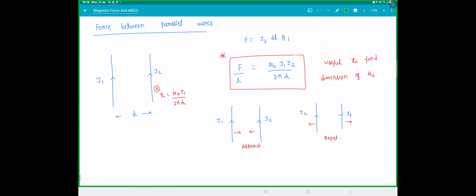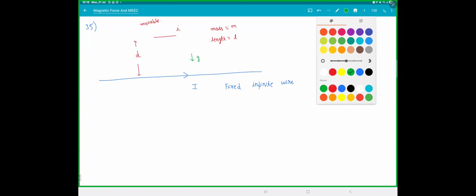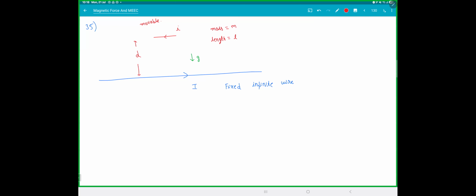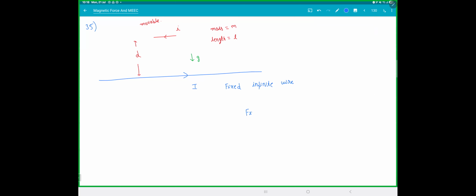Gravity is also there. Let the current go in the other direction. So basically it is getting repelled. Find m if the wire is at rest, and find the time period for small oscillations. That is the actual question.